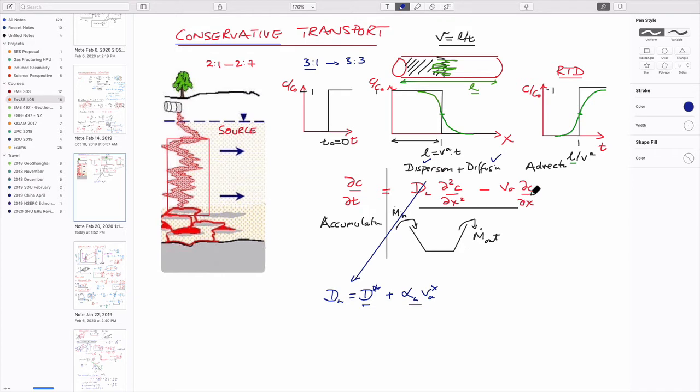It can go in carried by advection, or it can go in by diffusing into the system. Those are the two mechanisms by which it can go in and come out. If more goes in than comes out, it net accumulates. If more goes out than goes in, then it net depletes. And that's what this term is on the left-hand side, just a physical statement of what a differential equation is.